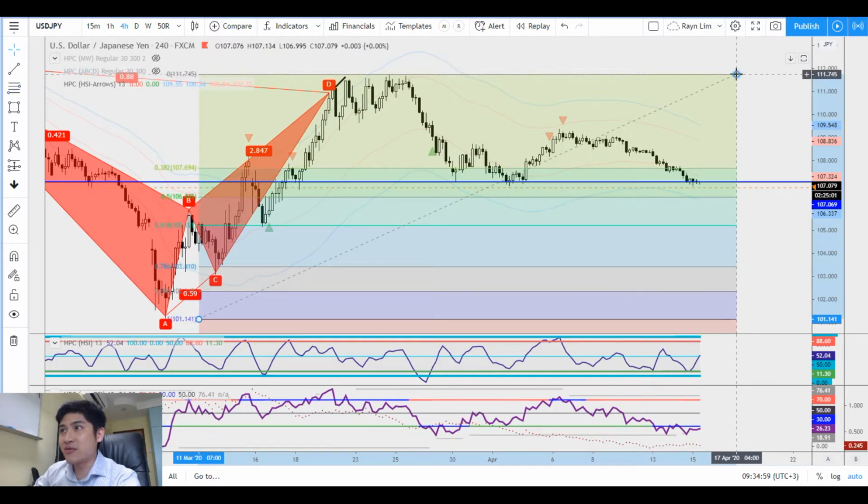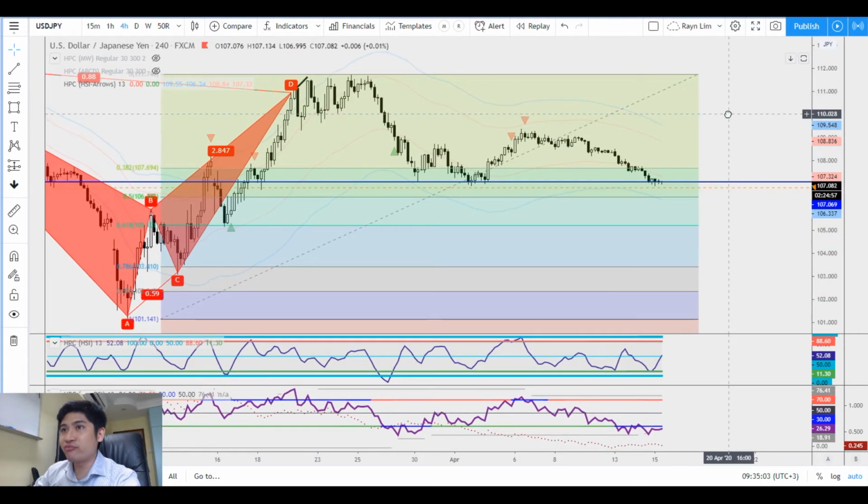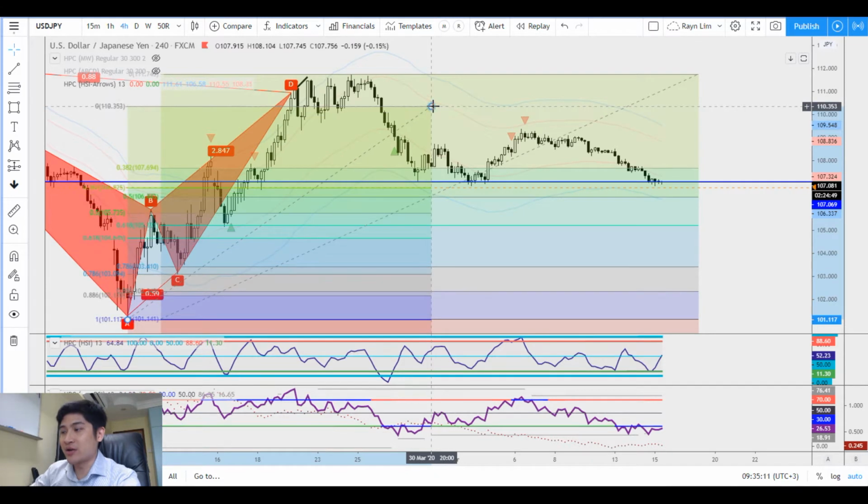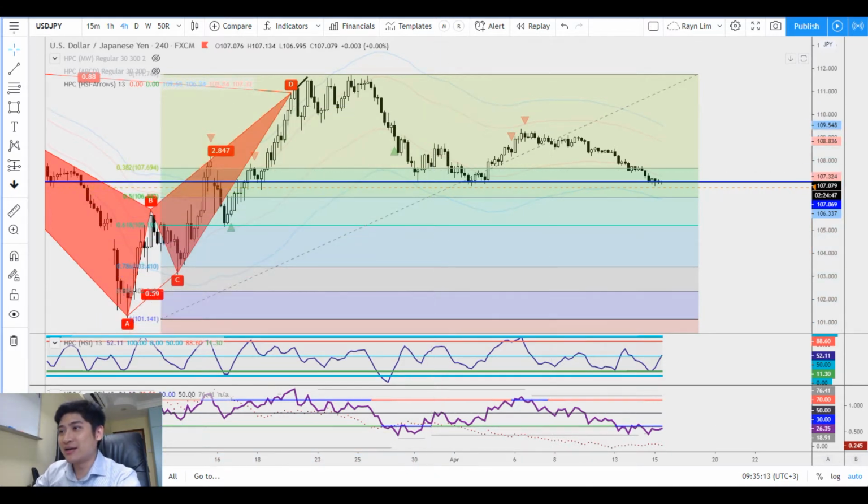does not give a rather distinctive setup. All right, what have I done? Okay, so it is another bullish bat in the waiting, in the making.